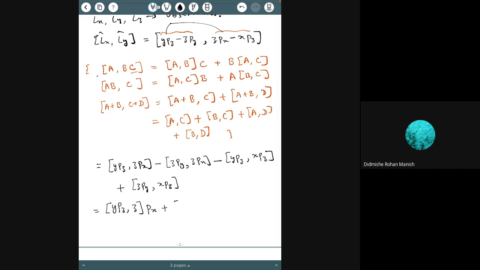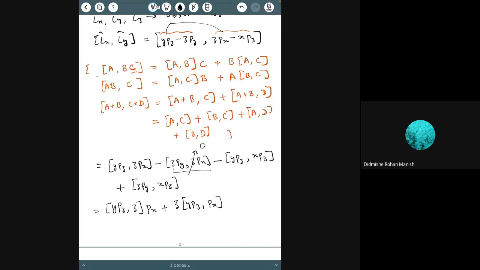This one is z p_x, and then I will take out z on the left, and I have y z p_x. In this term, I will not write it any further. In the second one, you can take z out, and p_x and p_y, they are different elements, so they commute. So that will give me a 0. So I don't need that term.